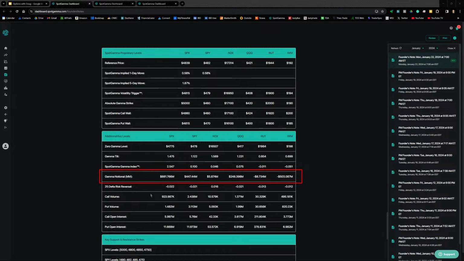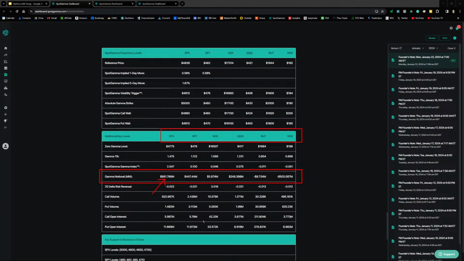So this chart is showing market makers' position on the gamma curve at the beginning of the day for the S&P 500, NASDAQ, and Russell 2000. Note for the S&P 500 and NASDAQ, all these numbers are positive. This indicates market makers' position on the gamma curve is positive.